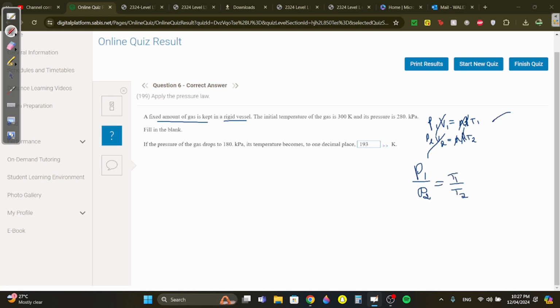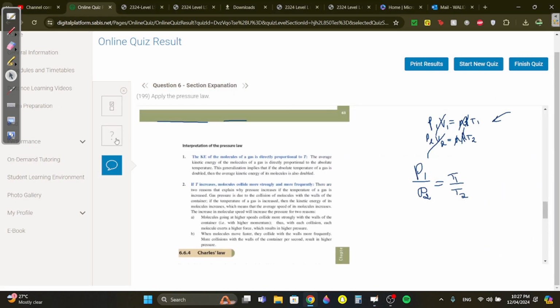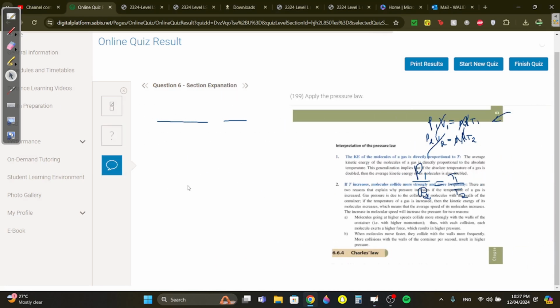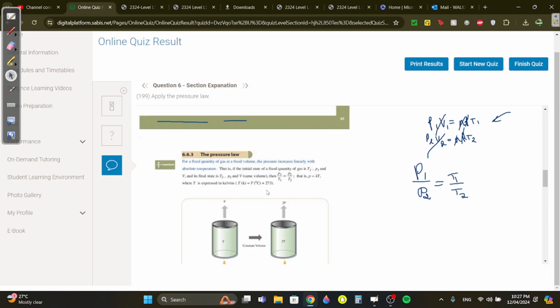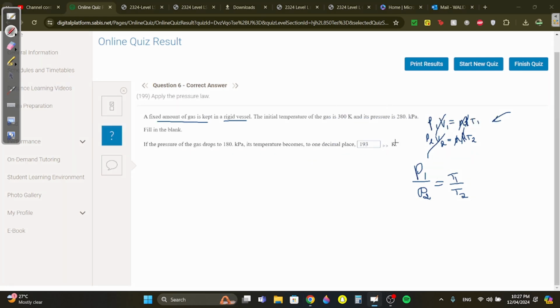You can use this, or if you want to go by the book, there is a law in the book which says P1 over T1 equals P2 over T2. This is the same thing, by the way. But let's go by the way we were taught in chemistry, so it's a bit more familiar.